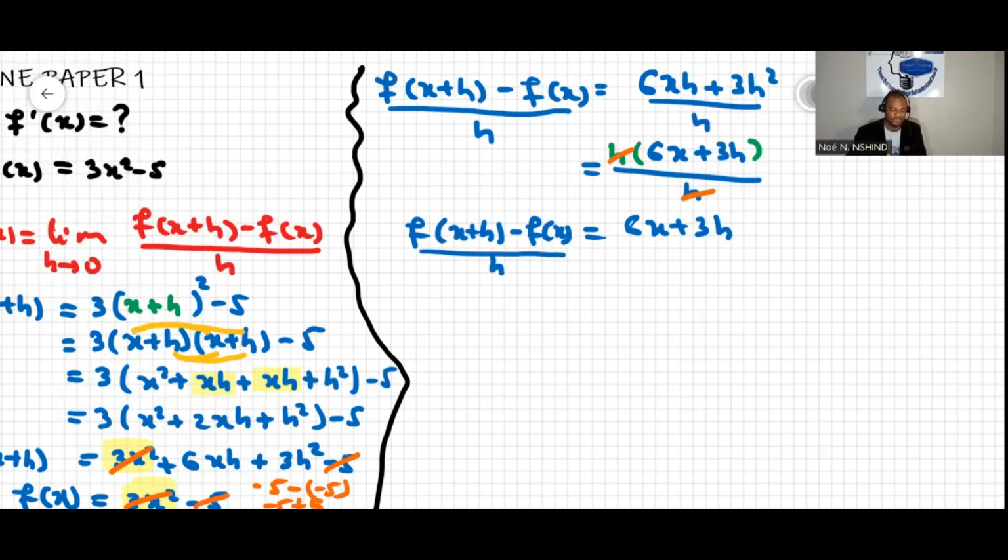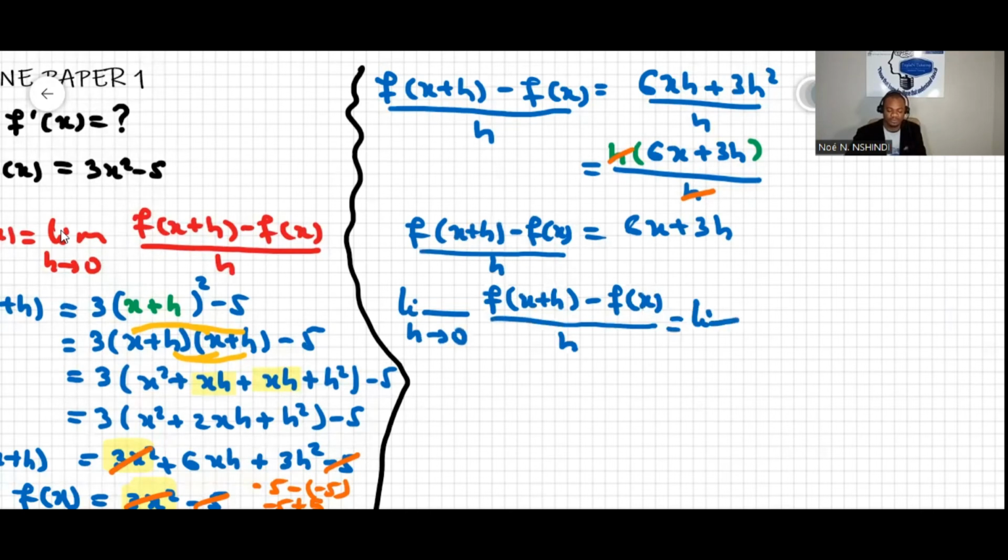Now we notice that we also have the limit as h approaches 0, so we introduce the limit there also. The limit as h approaches 0 of f of x plus h minus f of x all over h is equal to the limit as h approaches 0 of 6x plus 3h. Approaching 0 here means we substitute the value of h by 0.